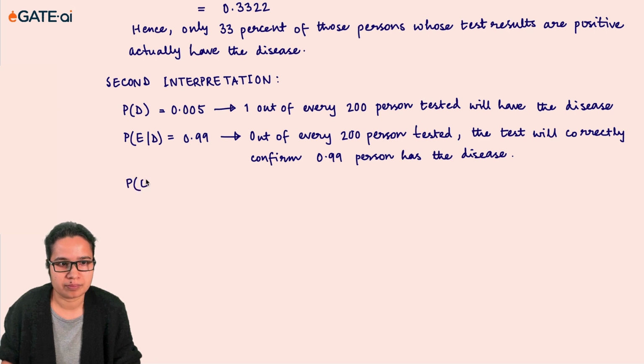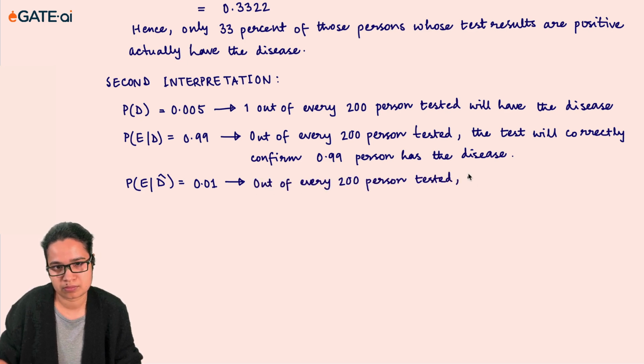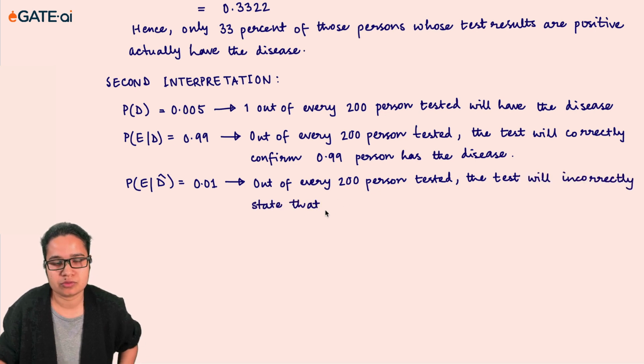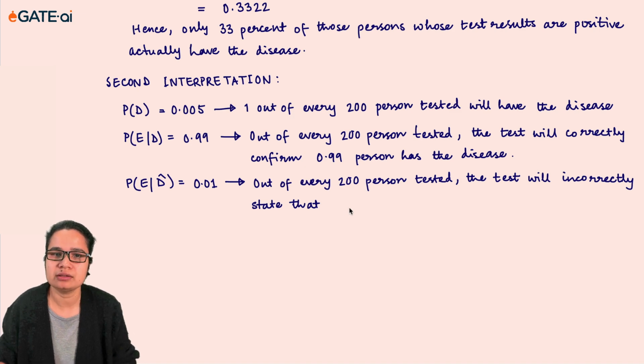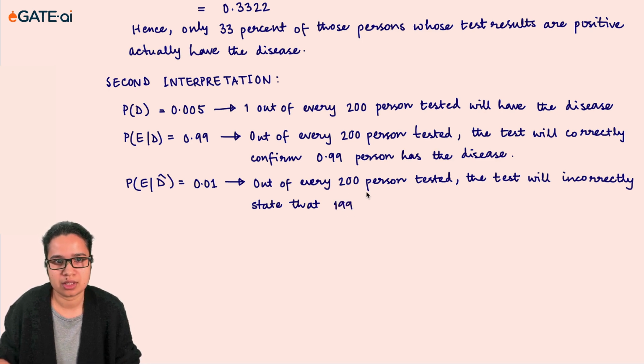So probability of E given D naught is 0.01, and that means out of every 200 tested, the test will incorrectly state that a certain number of persons have the disease. So healthy persons 199, right? And then you have this probability 0.01.